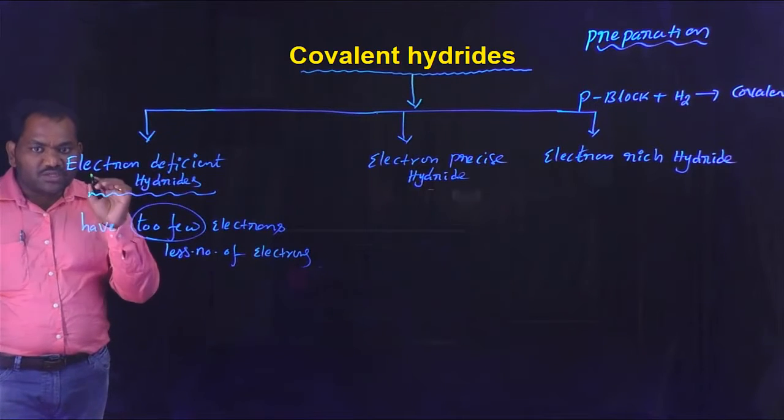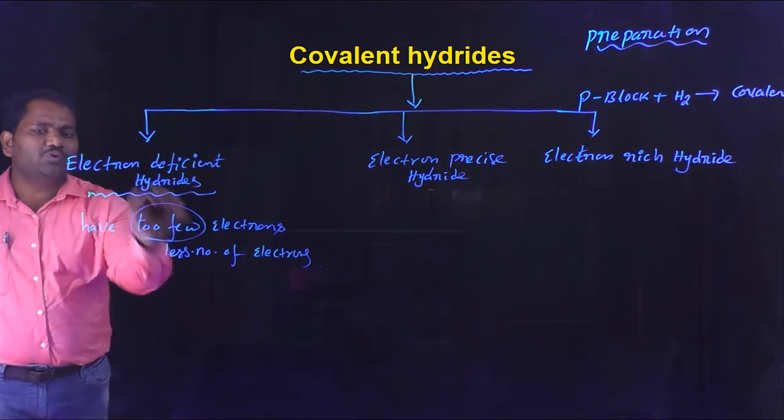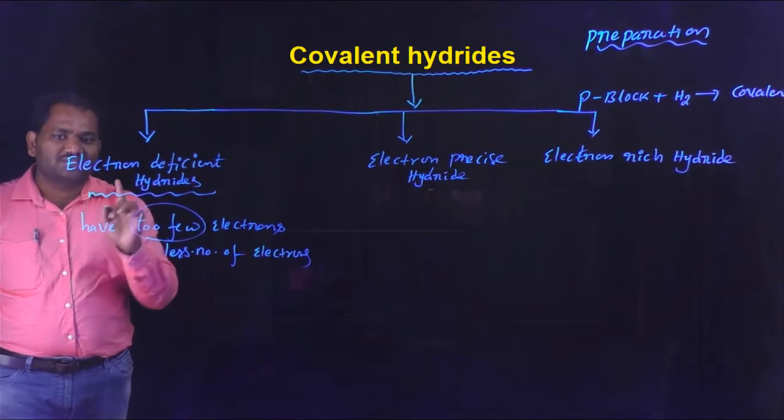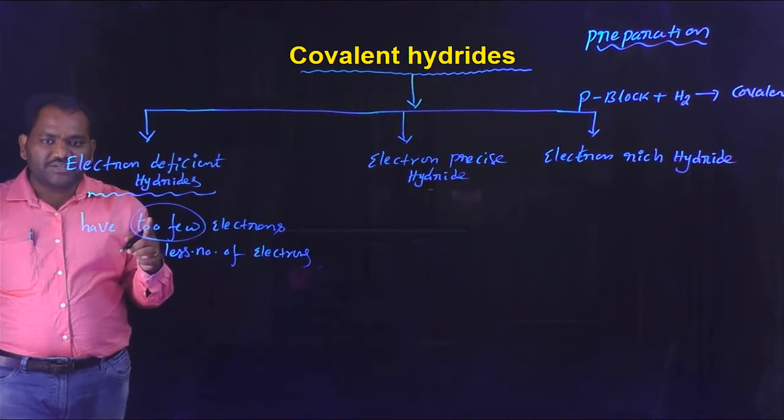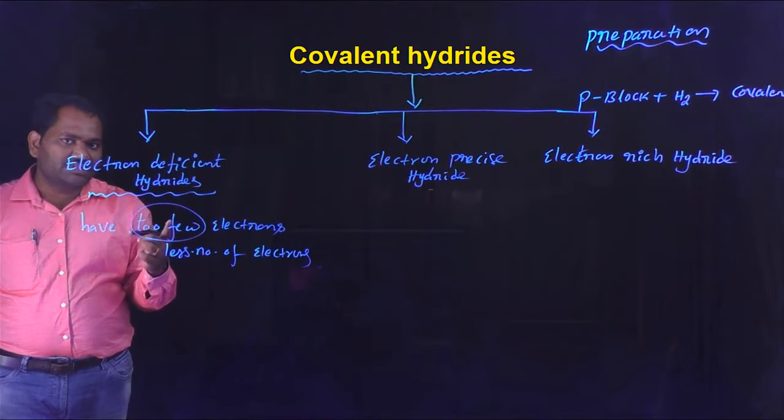Too few means lack of electrons. Actually, the elements which contain 8 electrons are more stable.